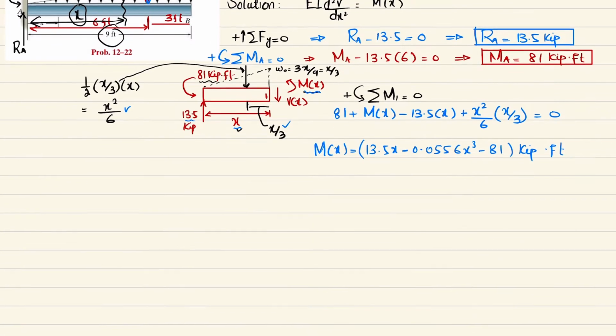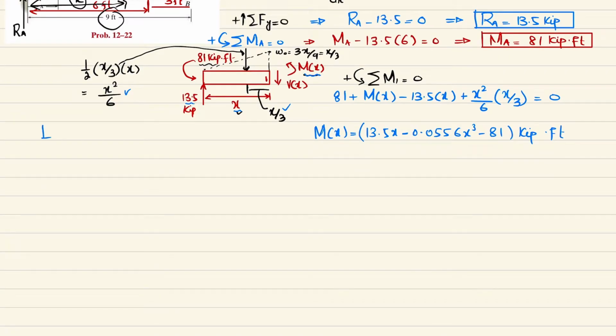Now you have this moment, you can put it in the equation, which is EI into d square v over dx square is equal to M of x. So you can just put the value: 13.5x minus 0.0556 x cube minus 81, and that is EI into d square v over dx square.